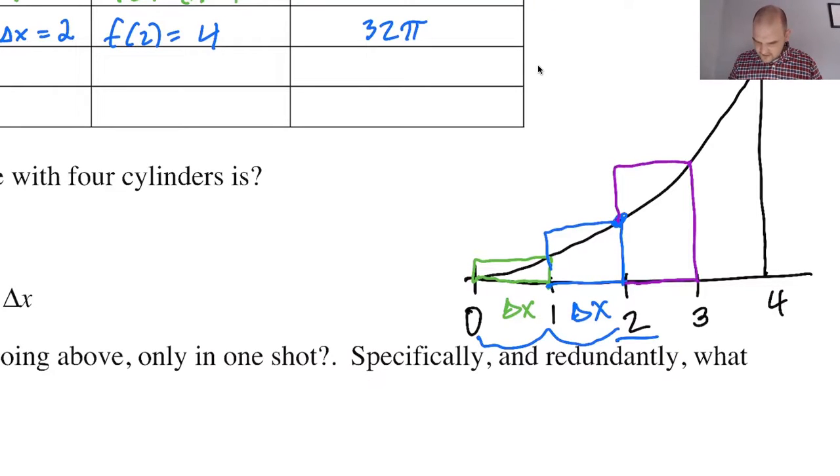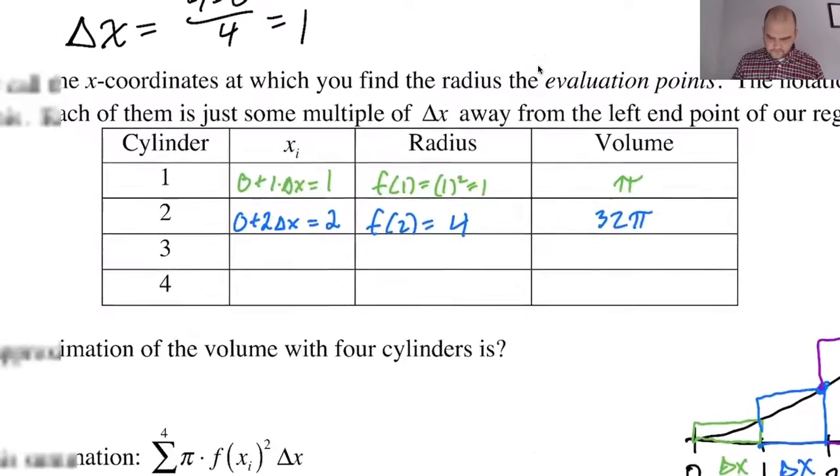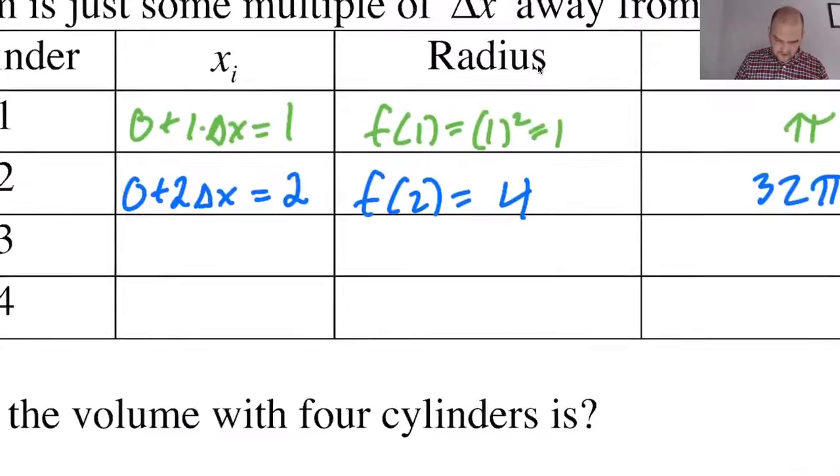So this is delta x. But instead of thinking of it as 2 plus delta x, let's think of it as 0 plus 1, 2, 3 delta x's. So it's 0 plus 3 delta x's. And that just took us to 3 because delta x is 1.